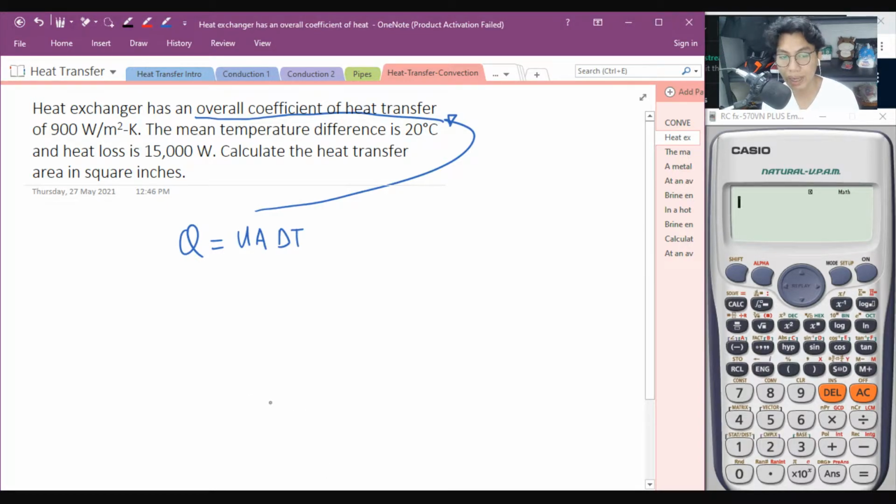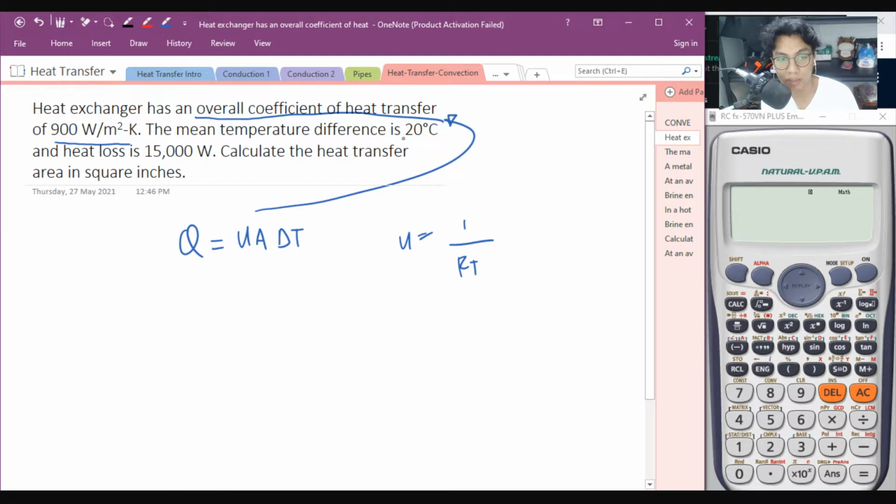So, di ba ang U is simply the reciprocal ng RT or the overall resistance of the material or of the heat transfer. Okay? So, ito po yung binigay niya. That is 900 watt per meter square degree Kelvin.